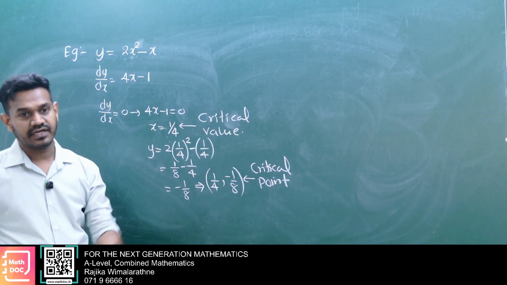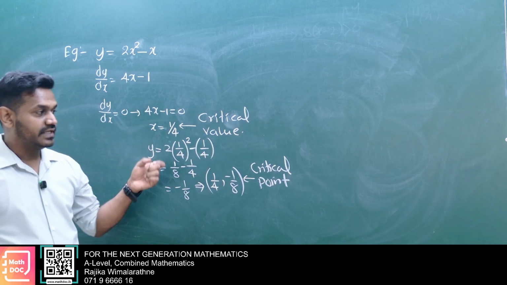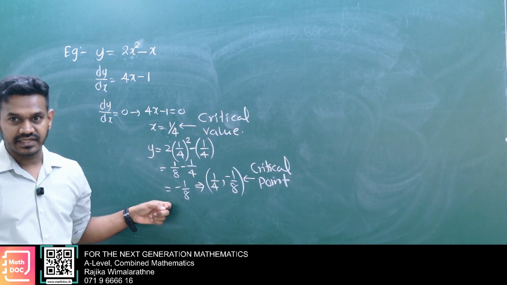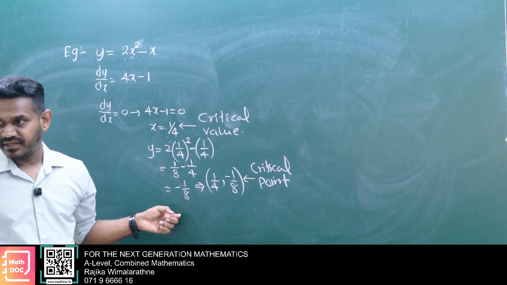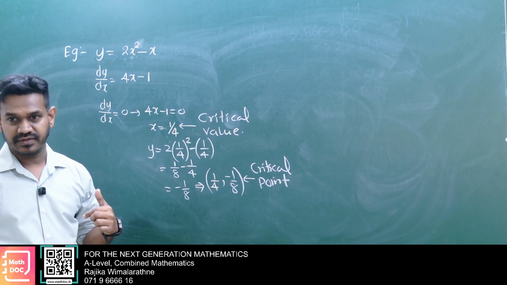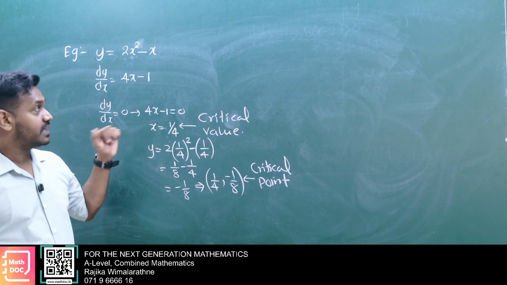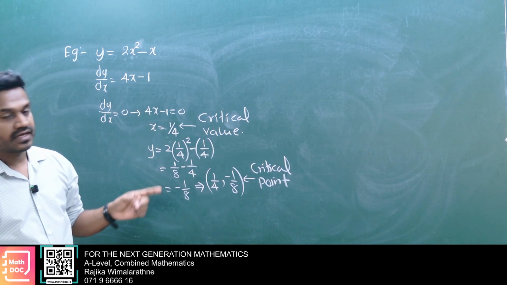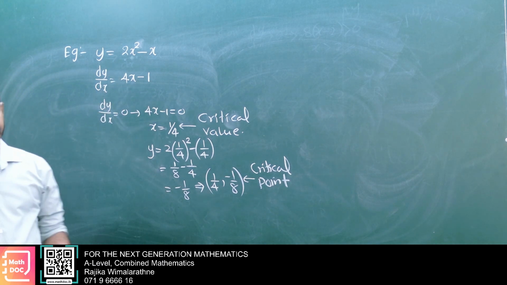That point we call the critical point, and this value we call the critical value. Still we don't know whether it is maximum, minimum, or increasing or decreasing inflection, but we can identify that it is a critical point. Later we'll see how to classify critical points. Okay, this is how we identify them. Do it.